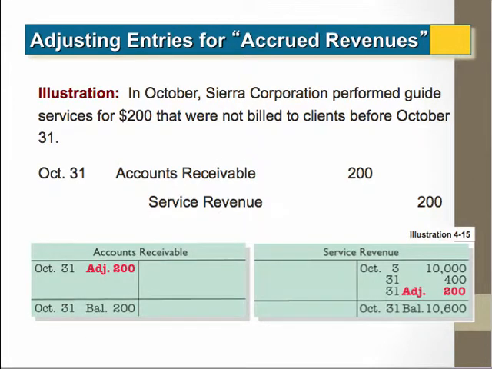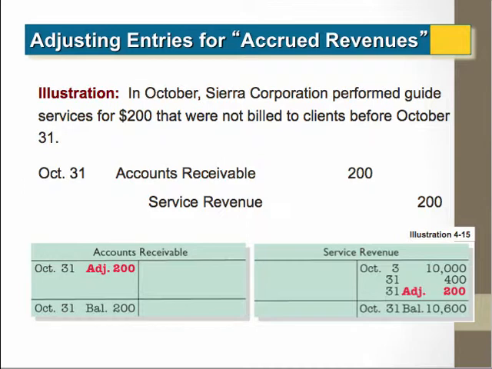So here's an example. In October, Sierra Corporation performed guide services for $200 that were not billed to clients before October 31st. Even though we have not billed our client yet, we have earned the $200 revenue. So, a customer owes the money and we've earned the revenue even though we have not requested payment yet from the customer.